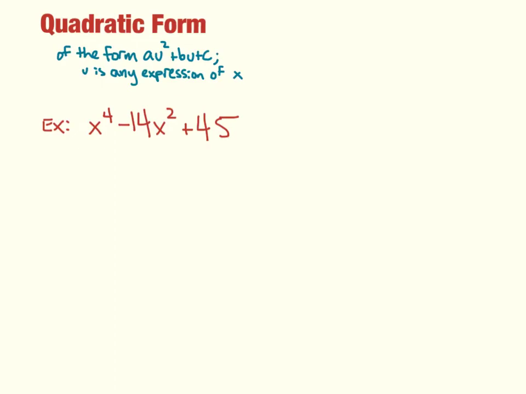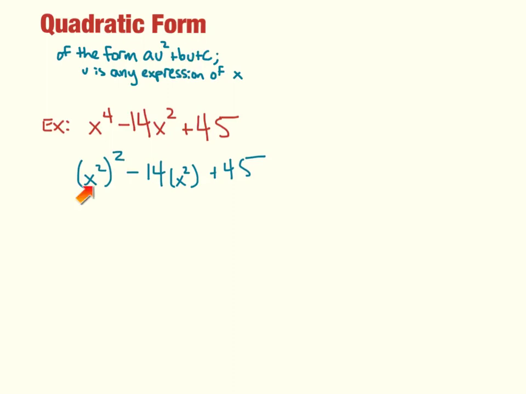What if I just said, okay, x to the fourth, that's just x squared squared minus 14x squared plus 45. Okay, so what this quadratic form means is that if you were to replace these x squareds with u's, then it would just look like a normal quadratic, right?